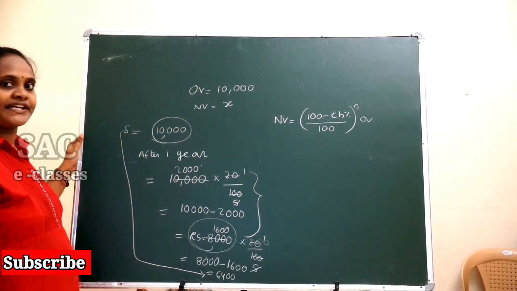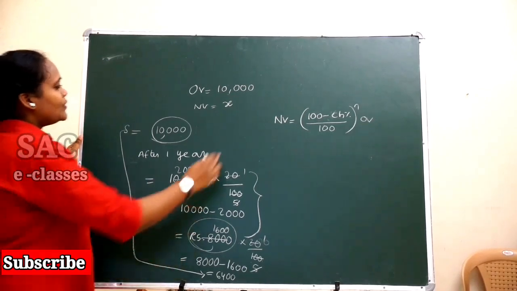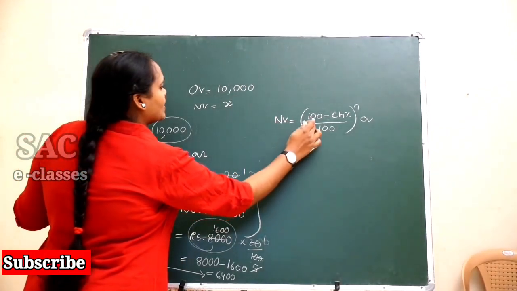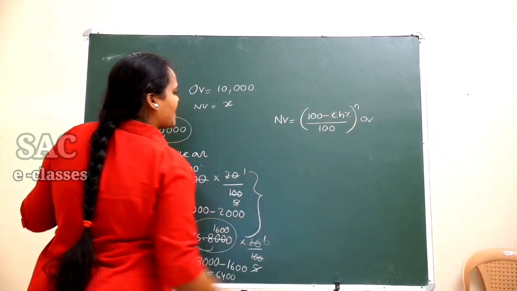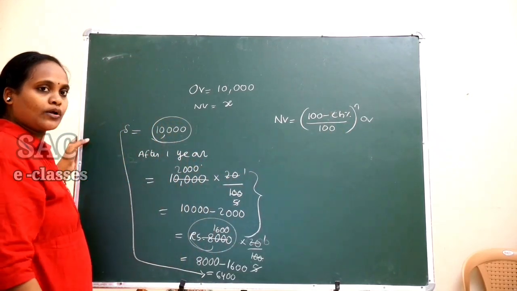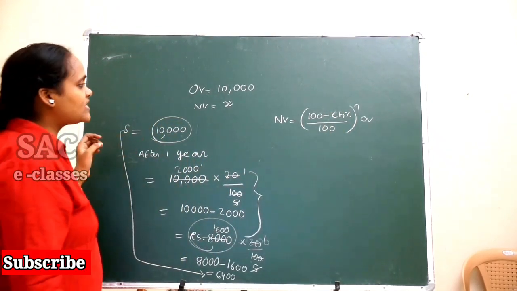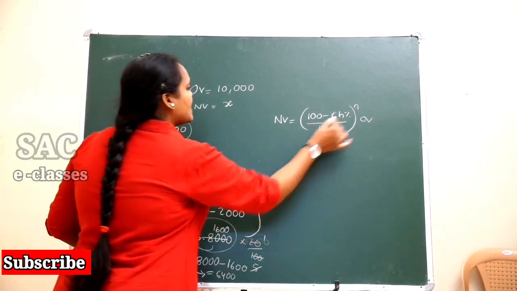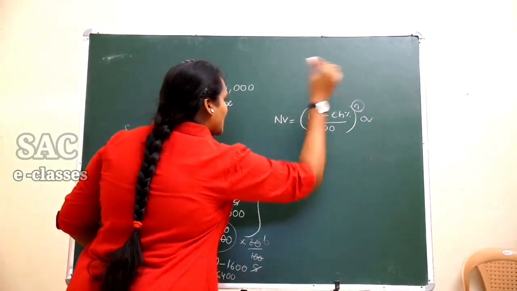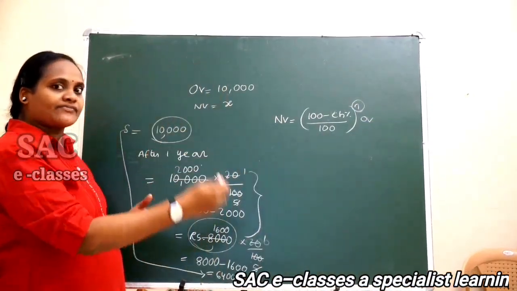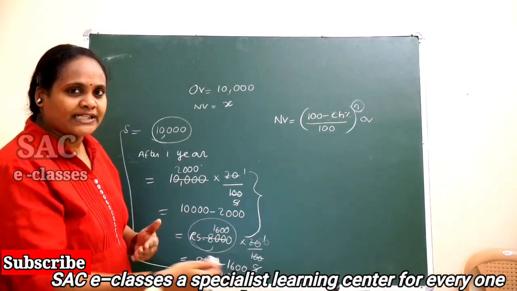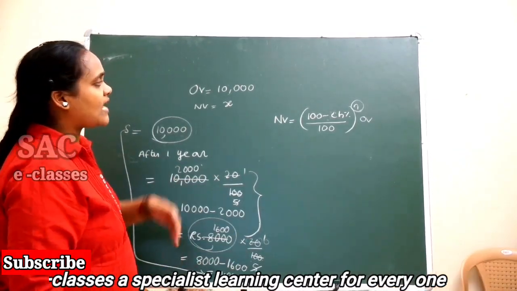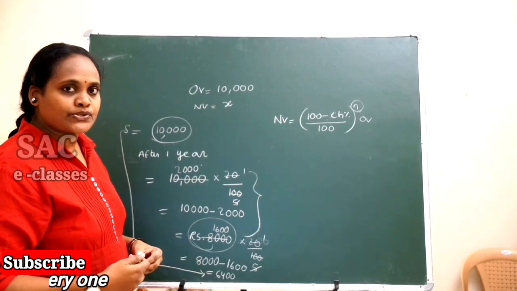But here clearly it is minus. This is our identity: new value equals (100 minus change percentage by 100) whole power n into original value. Here n means how many times it was changed, that means after how many years you want the answer. You need the answer after 2 years, so the n value is 2.